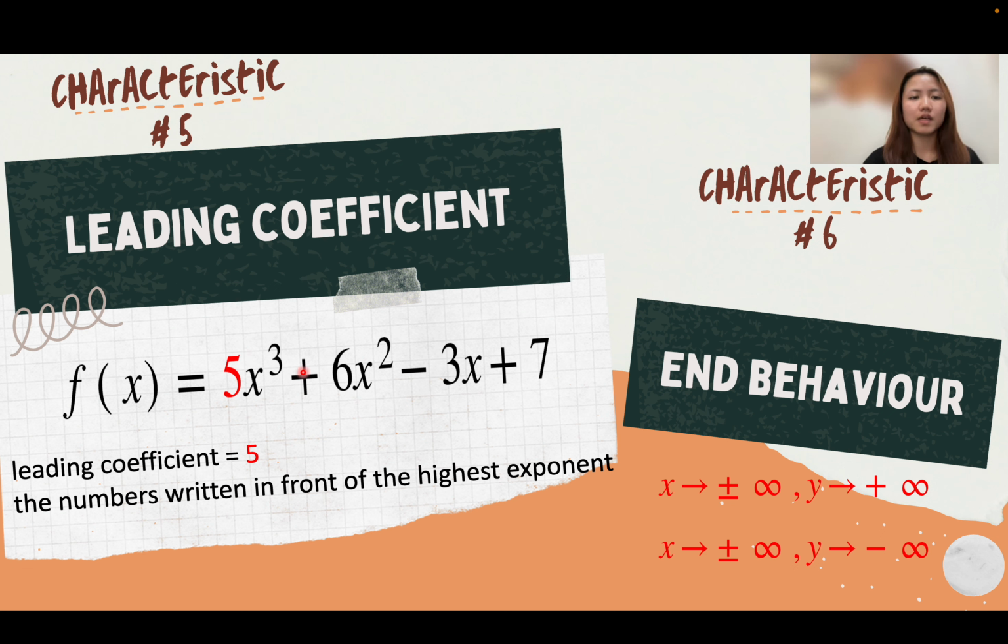It's not necessarily the first one, it's the one in front of the highest exponent. Do you know what end behavior is? End behavior means when x goes to positive or negative infinity, where y will go, positive or negative.